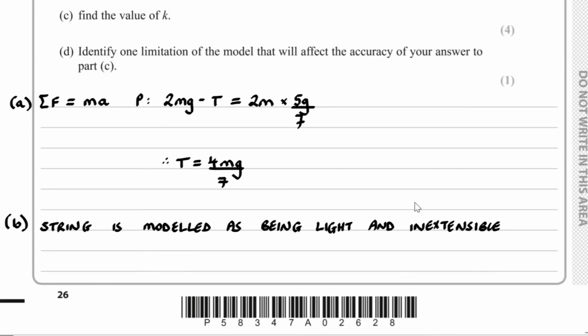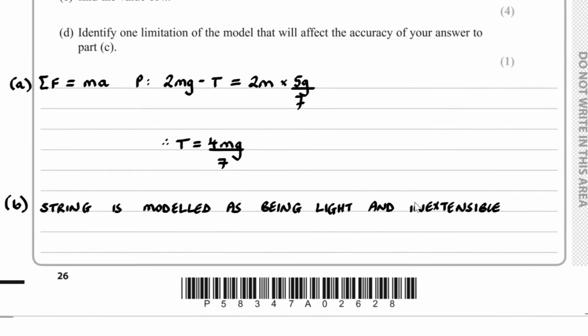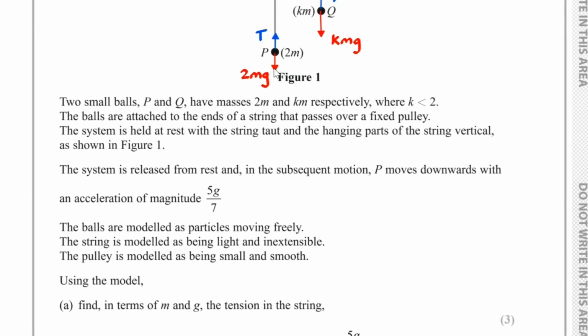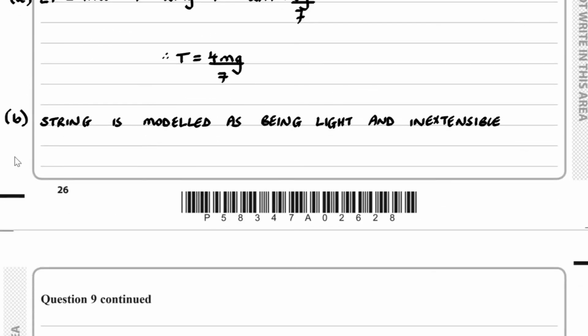Well, the string is modelled as being light and inextensible. And now for part C, we have to find the value of k. Well, if I use F equals ma, but this time for Q, I've got the sum of the forces, which is equal to the mass times acceleration.